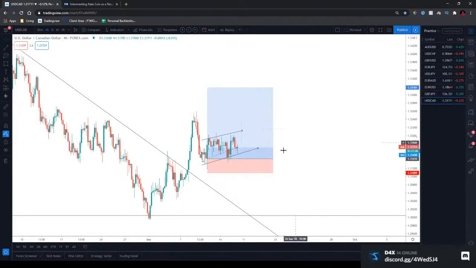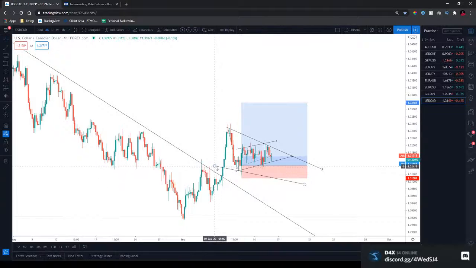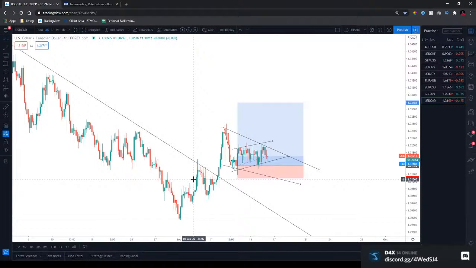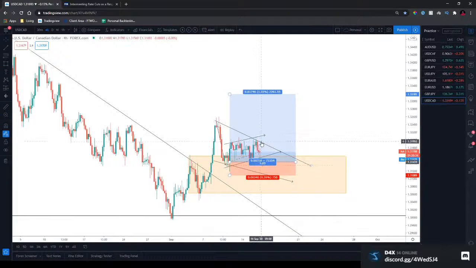So price could come a little bit lower before actually doing that, forming a larger correction here. So it comes down at least to here, possibly to this level. Anywhere in this area is still an area that I'm looking to buy at, but I'm looking for price to push down within this zone one more time.